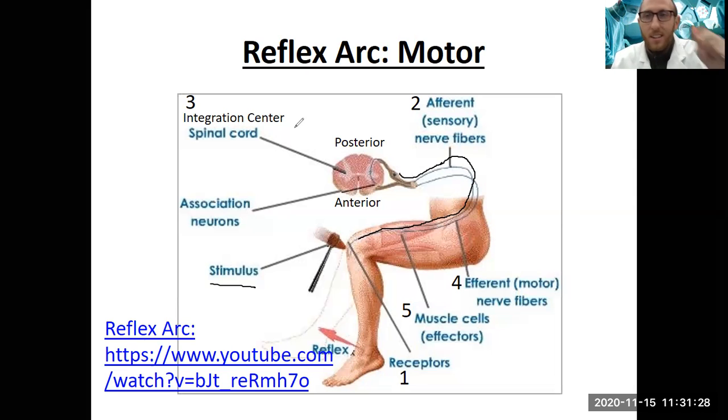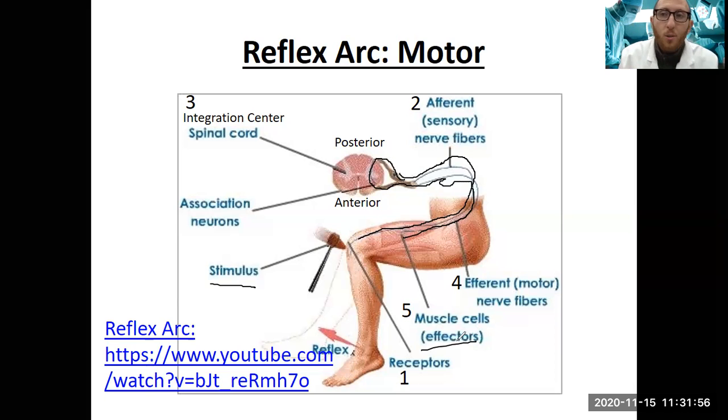So this is the way that the body gives you a quick response to protect you or pull your hand off of that stove. So what happens is it gets integrated in the spinal cord. Immediately, a signal is sent out via an efferent neuron carrying motor information back to the effector, or in this case, a muscle, to contract.